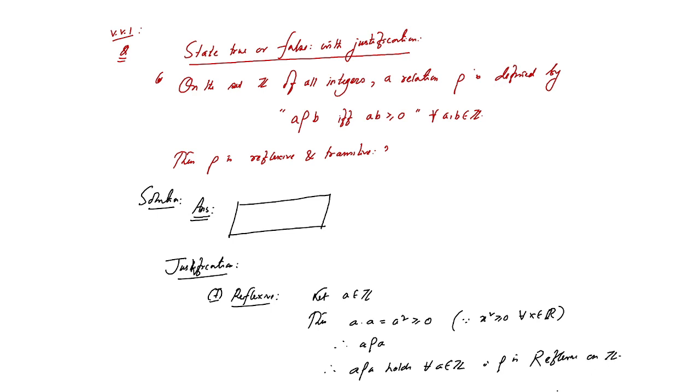Now we think about the transitive. So next we will check our claim: rho is transitive on Z. That we need to prove. So let A, B, C belongs to Z be such that A rho B and B rho C holds.